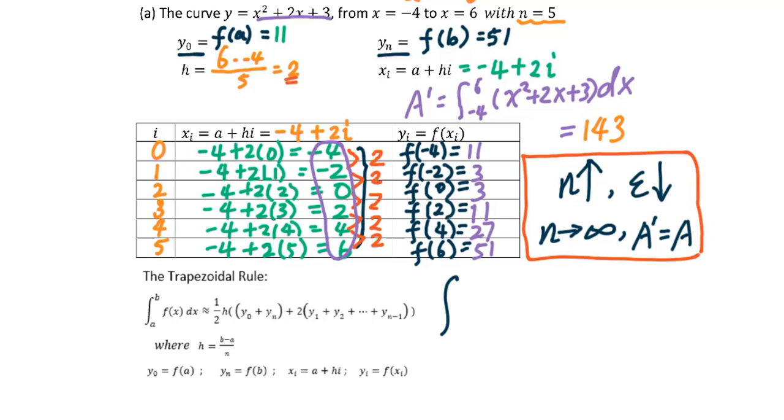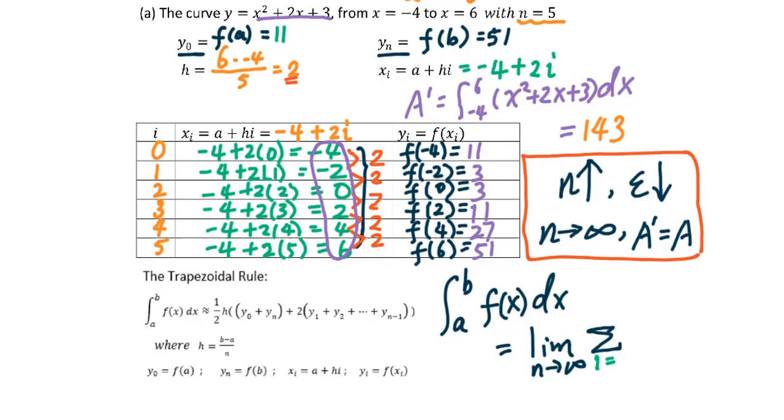For the integral from a to b of f of x dx, I can write down the limit as n approaches infinity of the summation, i equals 1 to n, of f of xi times this h.